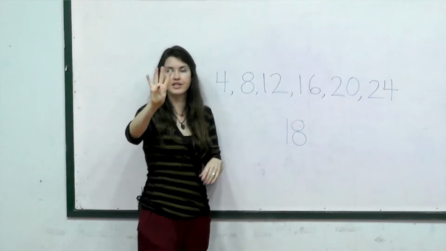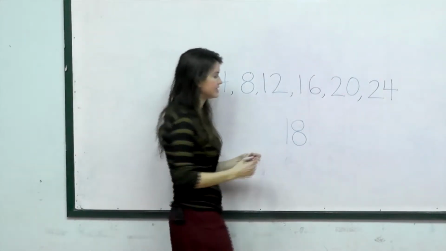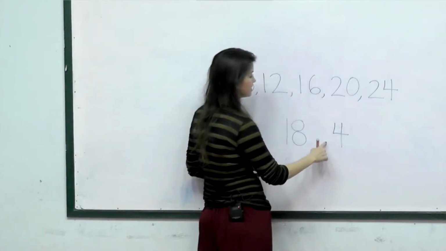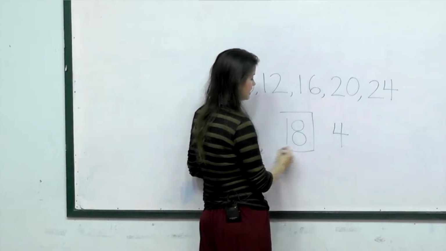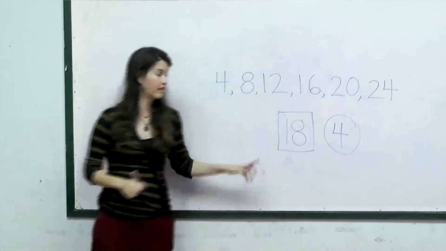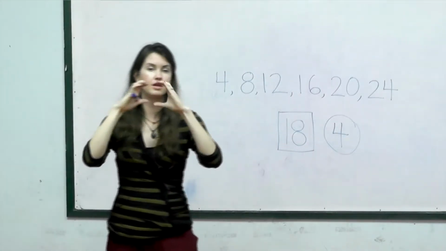So how many fingers do I have? 4. So for 18, our special number is 4, okay? So 18 and 4. You can write 18 with a square and 4 with a circle.